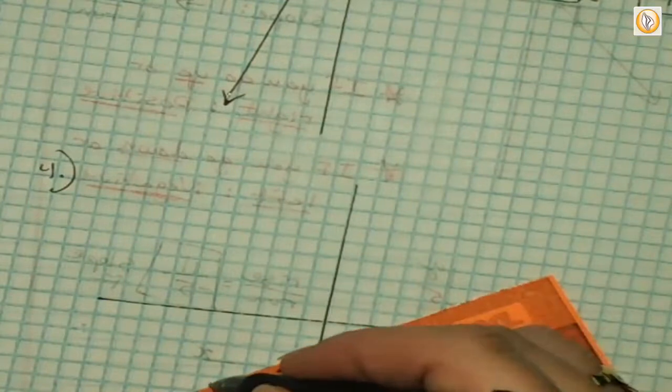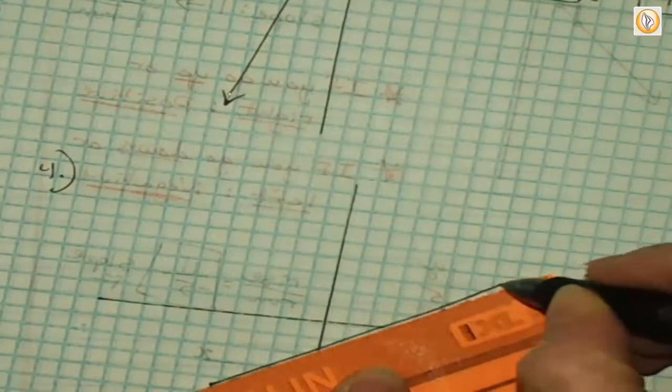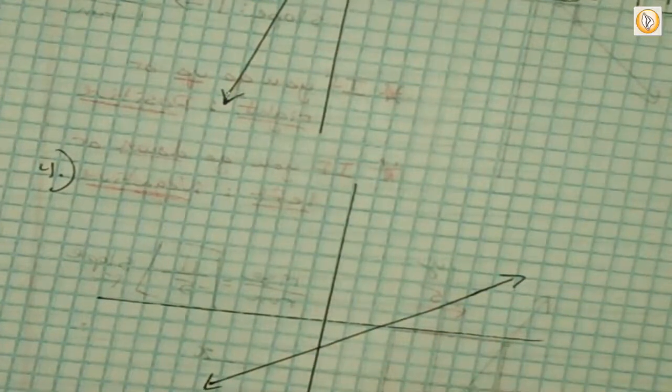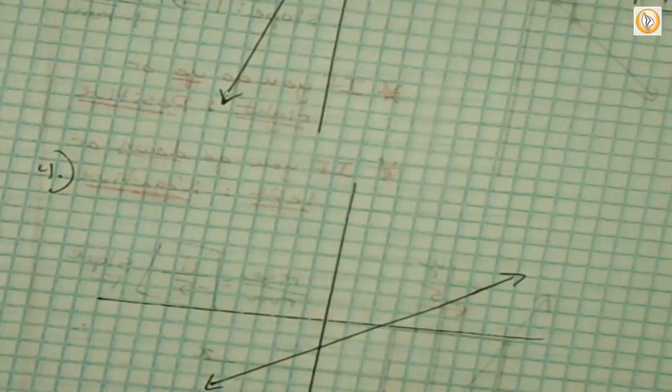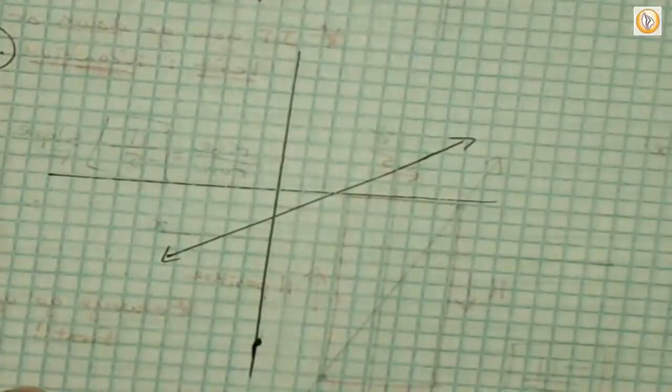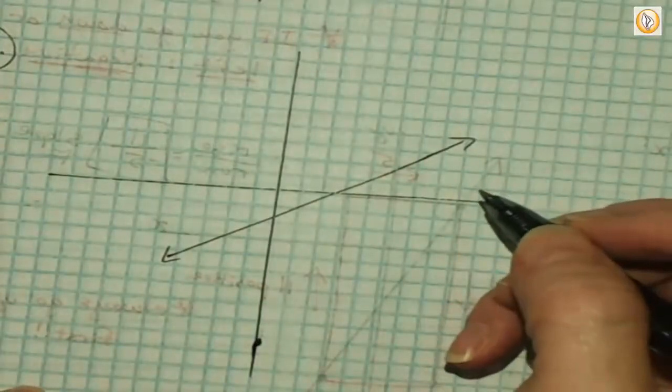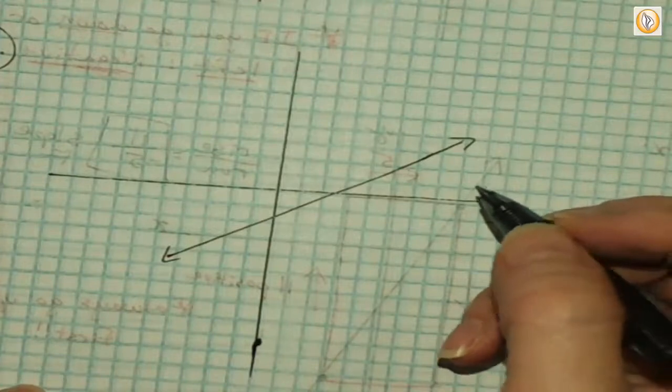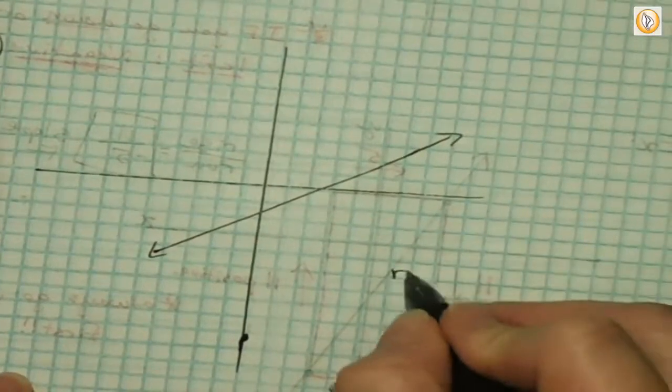Look in your book, find 2 places on the line that cross intersections. Look very carefully. Did you find them? Okay, so what is your rise?